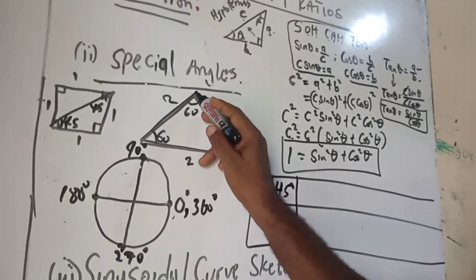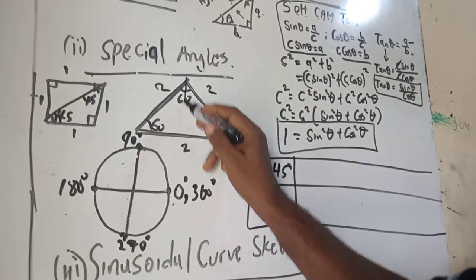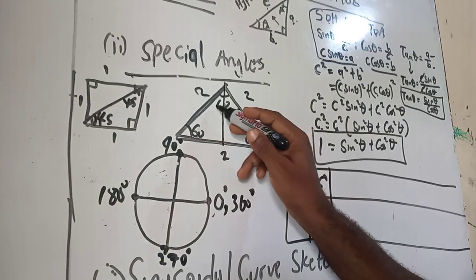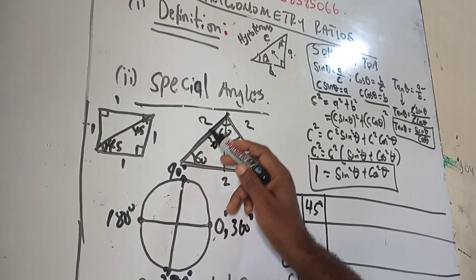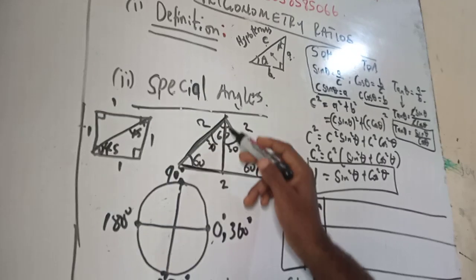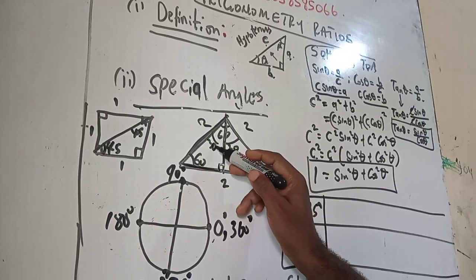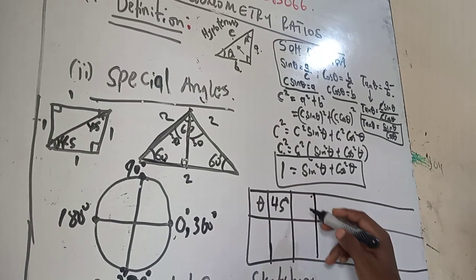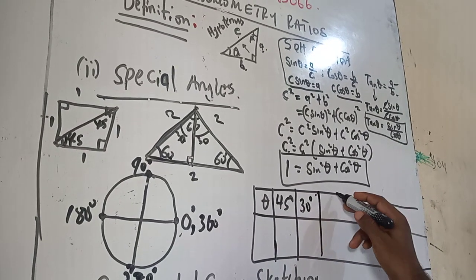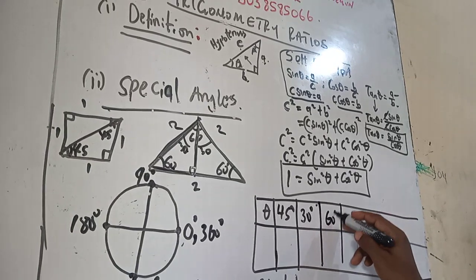If I divide this equilateral triangle into 2 equal parts, the angles that will be here and here will be 30, 30. So if you consider this side of the equilateral triangle, we are going to have angle 30 and angle 60. So another special angle is angle 30 degree and then angle 60 degree.